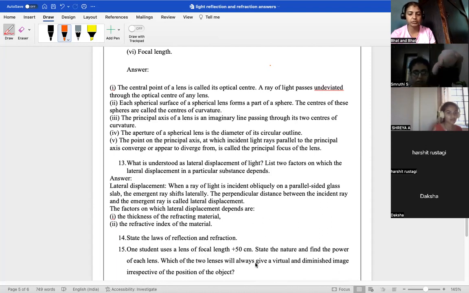Which is that lens which will always give you a diminished and virtual image? Concave lens. Okay.